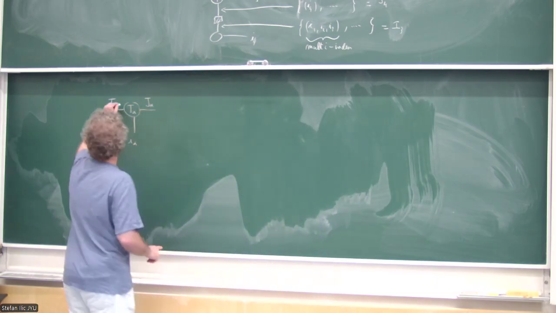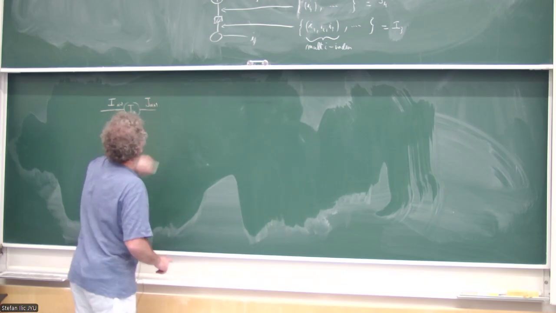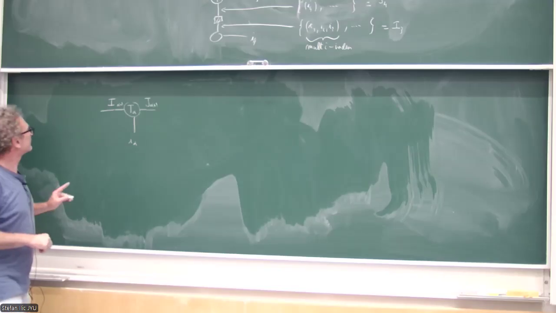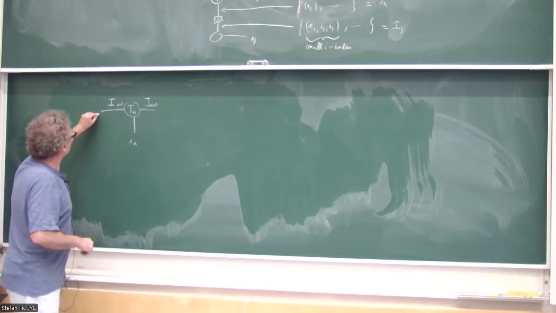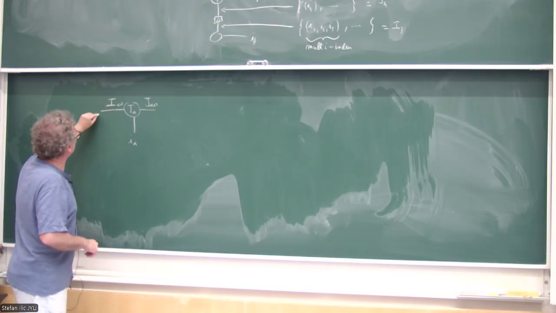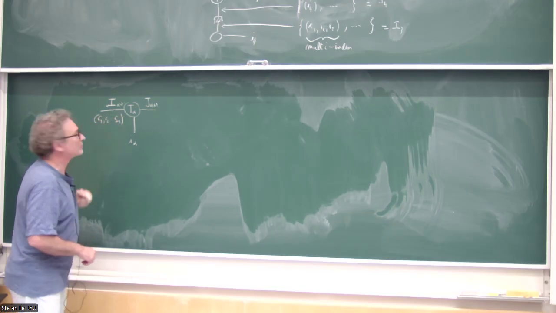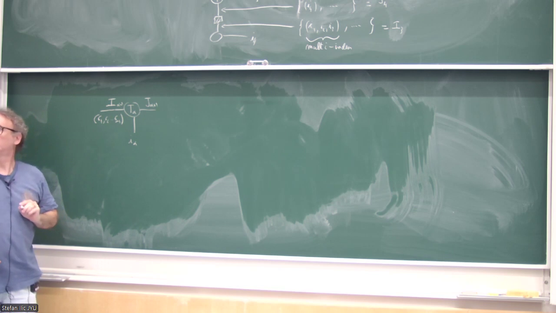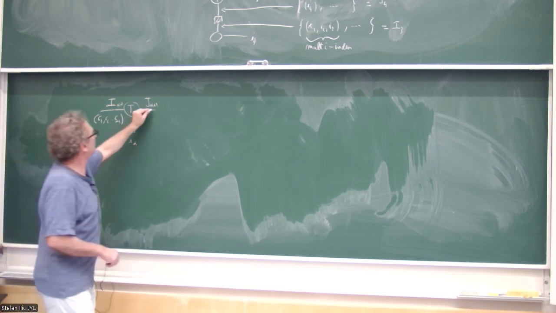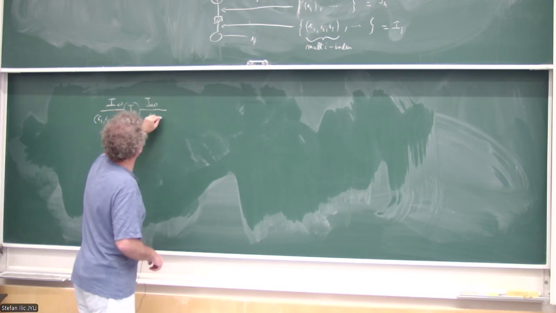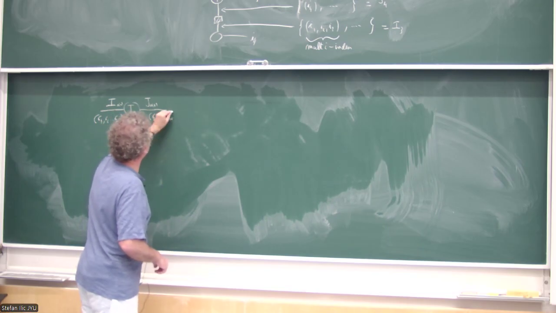It's alpha minus 1 here and alpha plus 1 here. An element of I alpha is sigma 1, sigma 2, up to sigma alpha minus 1, and an element of this list here is sigma alpha plus 1 up to sigma n.